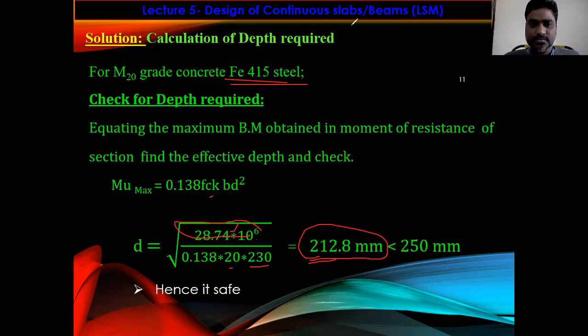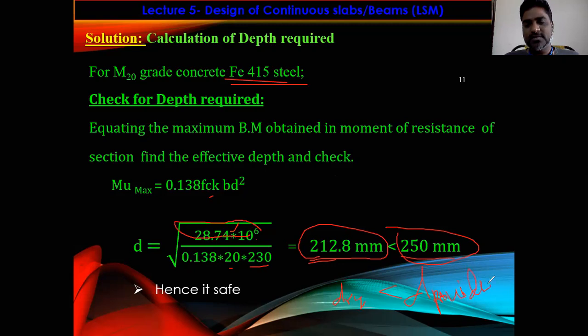But how much have I provided? I have provided 250 mm. That means d required is less than d provided.